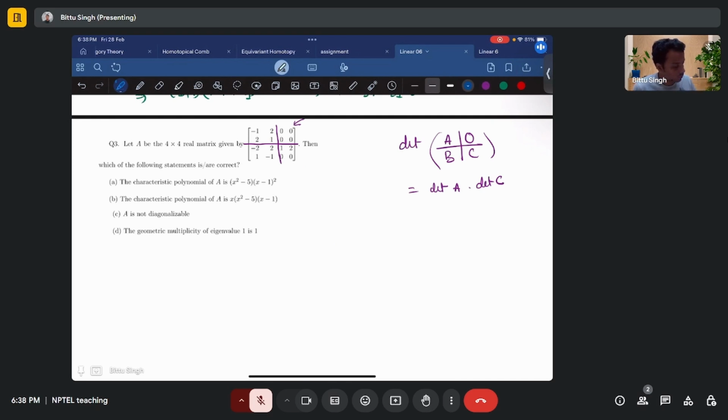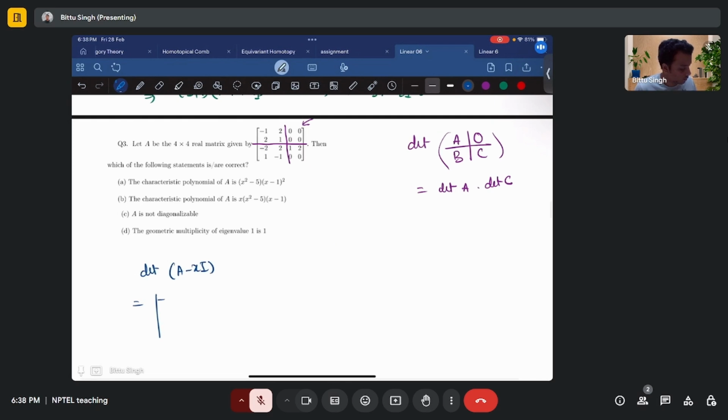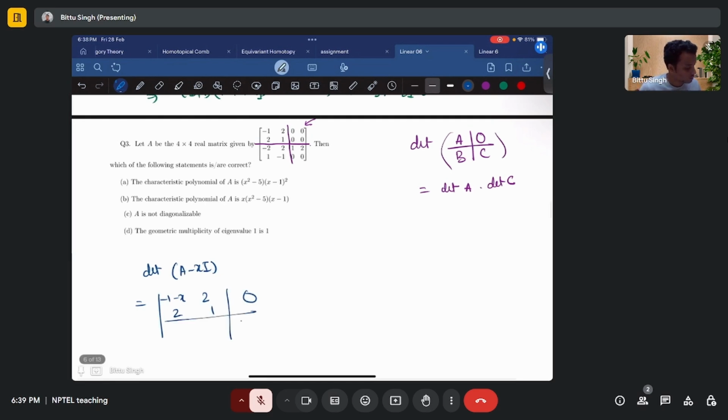Now we need to calculate determinant of a minus xi. It is just subtracting from the diagonal: minus 1 minus x, 2, 2, 1, and this is 0, and 1 minus x, 2, 0, minus x, and the other things are the same.